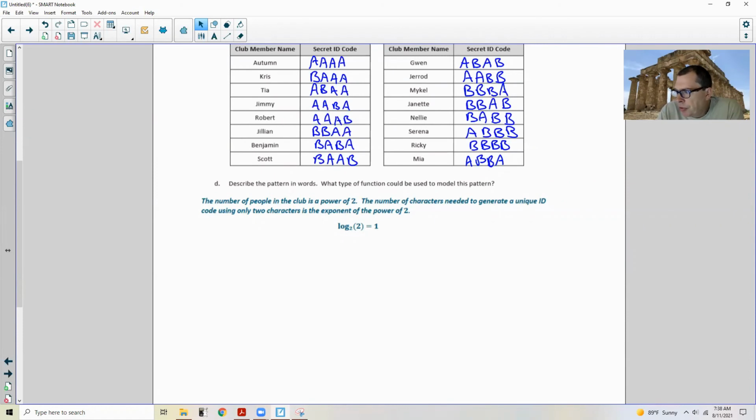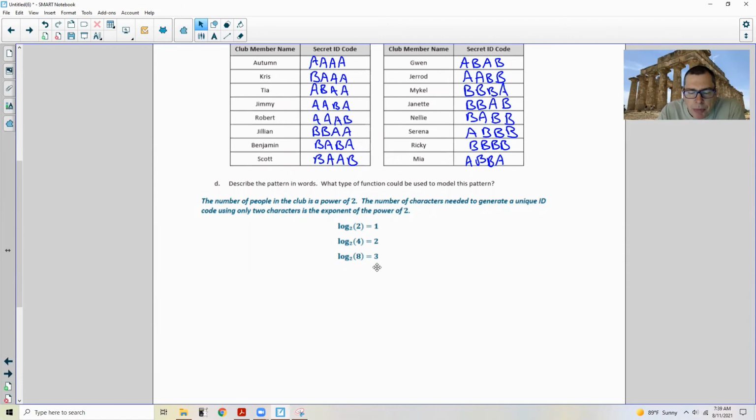What this means is if you have 2 members, you need 1 digit, either an A or a B. If you have 4 members, you need 2 digits, AB, BA, AA, BB, and that will give you the 4 different codes.